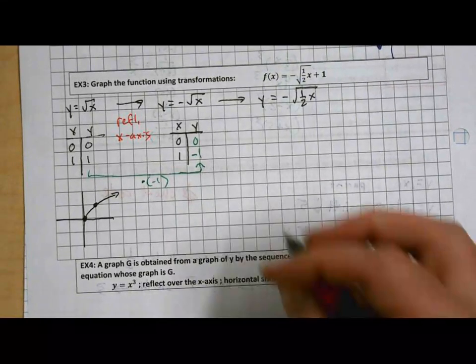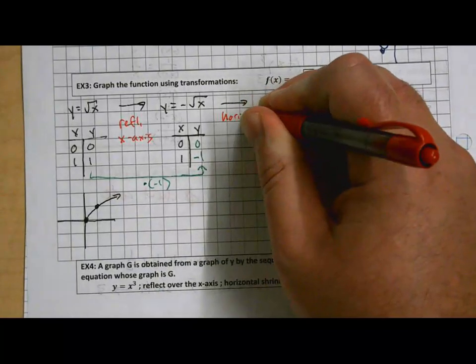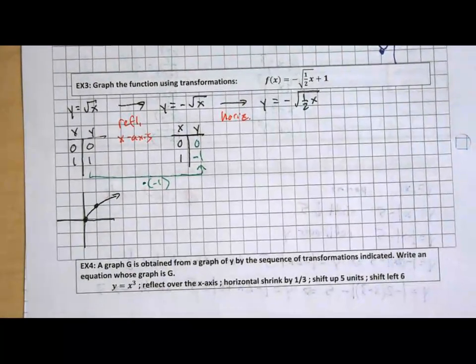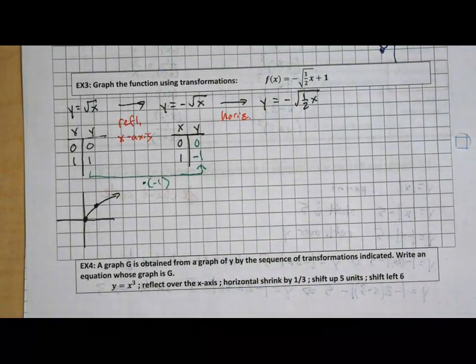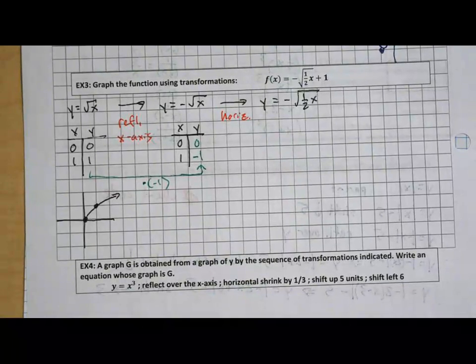It's on the inside, so it's horizontal. And we're multiplying by something less than 1. Is that going to be a stretch or a shrink?